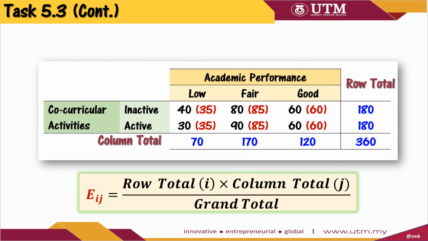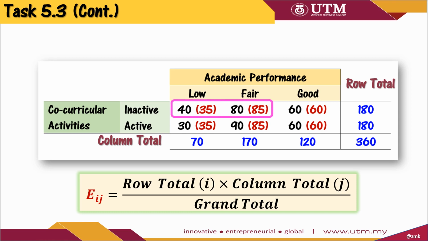An alternative way of calculating Eij is that instead of using the formula for every cell, you can just apply the formula to only two of the cells at any corner. For example, the 2 Eij at the left-hand corner of the table like this.